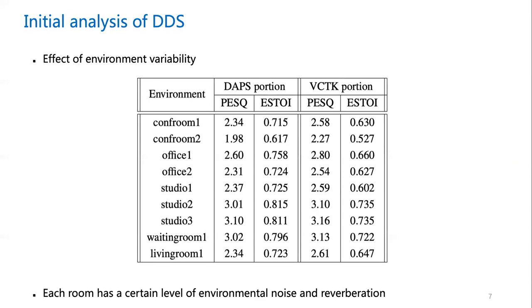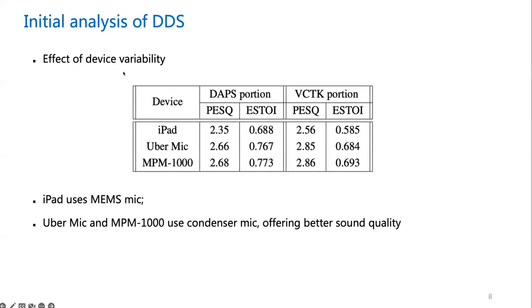Then we conduct an initial analysis of this dataset. We use PESQ and STOI to measure the objective quality and intelligibility of the recorded speech respectively. This table shows the results across different environments. We can see each room has a certain level of environmental noise and reverberation, and so this shows the environment variability.